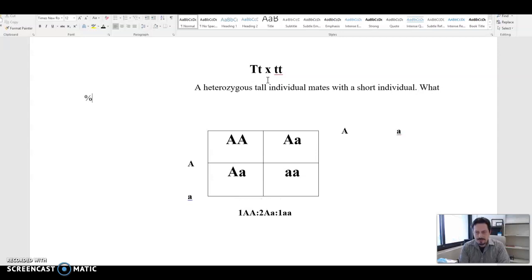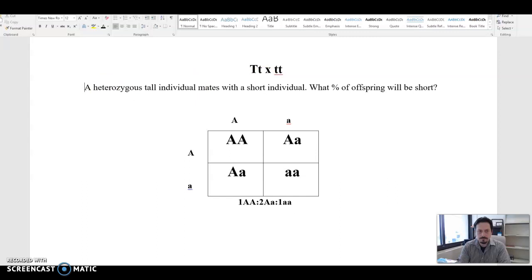What percentage of offspring will be short? For this, we have big T, small t. That big T, small t is the heterozygous tall, and this is the short individual. Why are they short? Because they don't have the dominant allele.